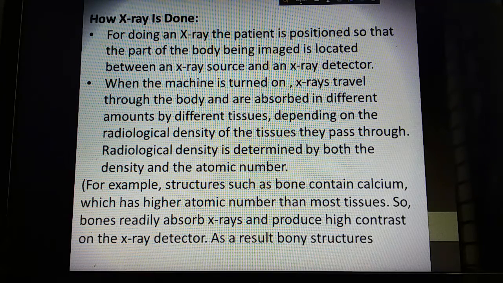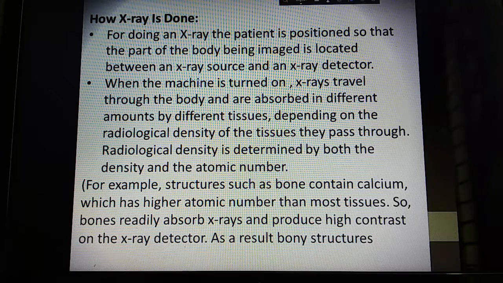When the machine is turned on, X-rays travel through the body and are absorbed in different amounts by different tissues.